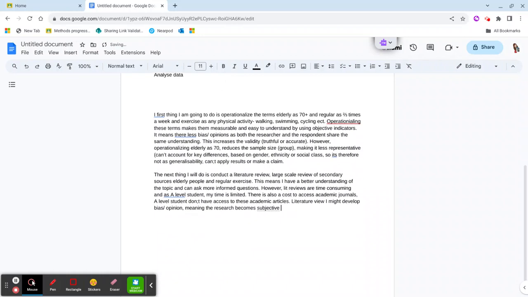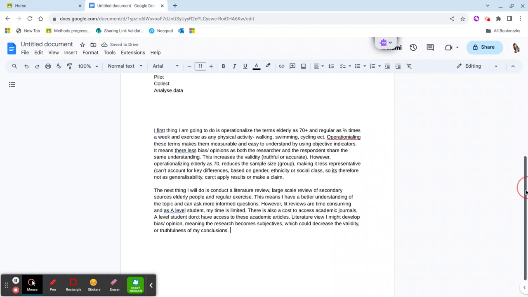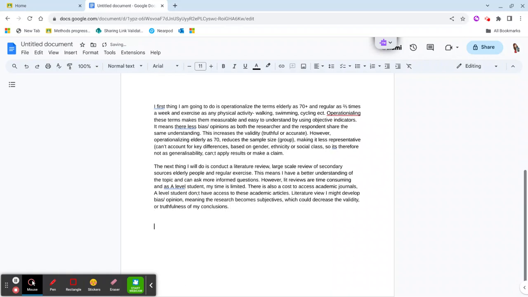So I might develop a bias or opinion, meaning the research becomes subjective, which could decrease the validity or truthfulness of my conclusions. So you've spent all this time reading academic research, and you can develop a bias or opinion.